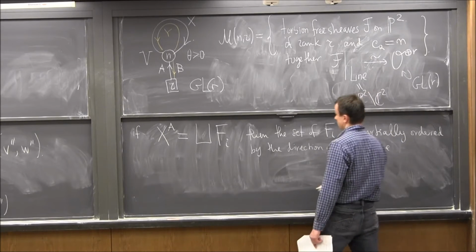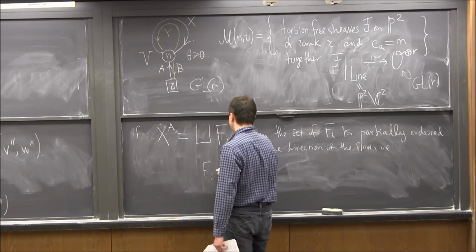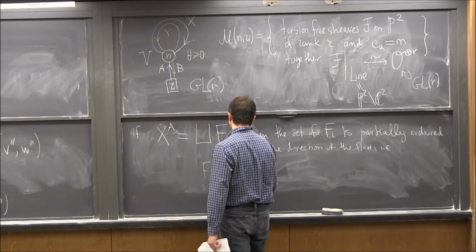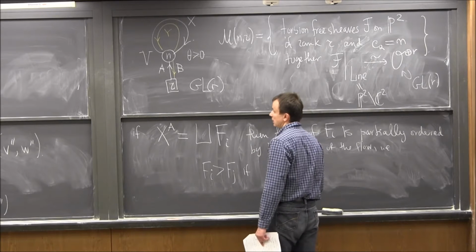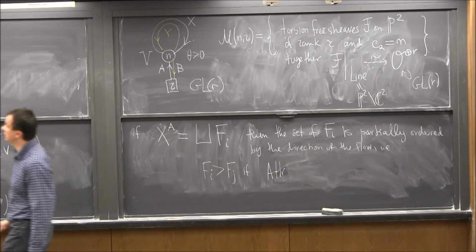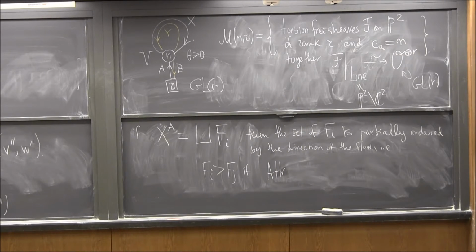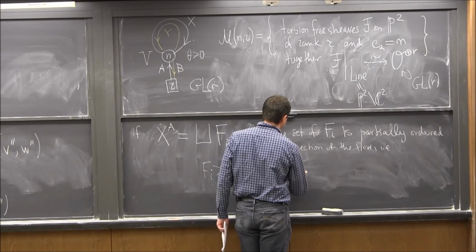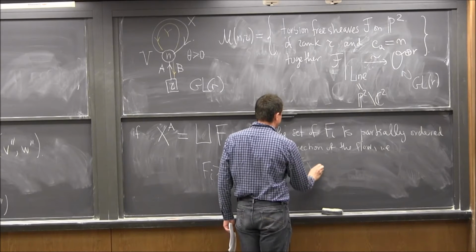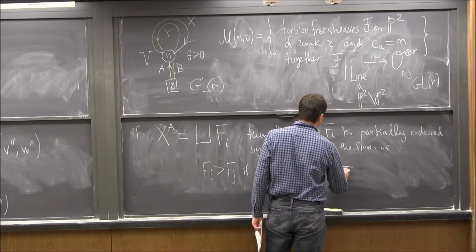I.e., you would say that F_i is bigger than F_j if I take the attracting manifold, and all my attracting manifolds will be with respect to z going to 0, and the closure of the attracting manifold of F_i intersects F_j.